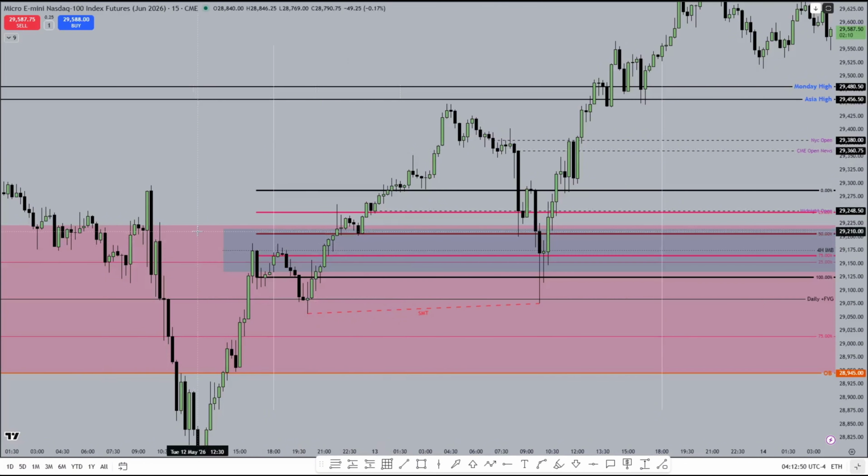This detail being that, yes, we're looking for this protraction to go into this daily fair value gap, which also holds this 4-hour imbalance inside of it. But now we have also added the opening range gap quadrant levels to hold support on price.